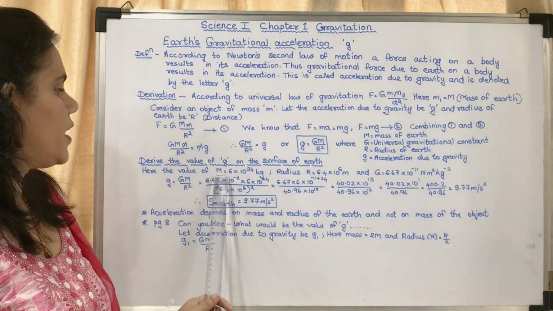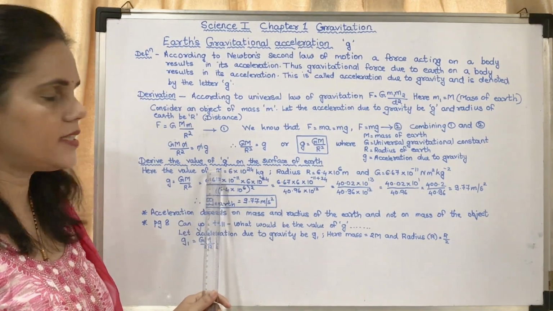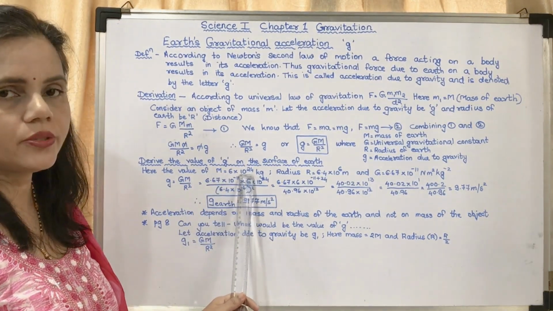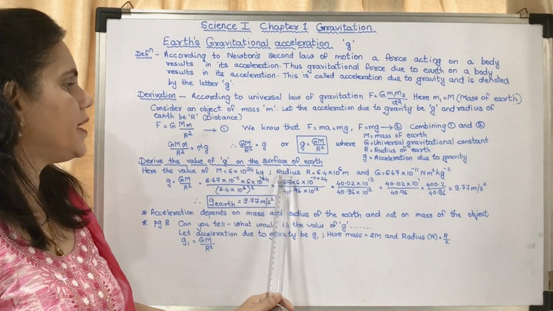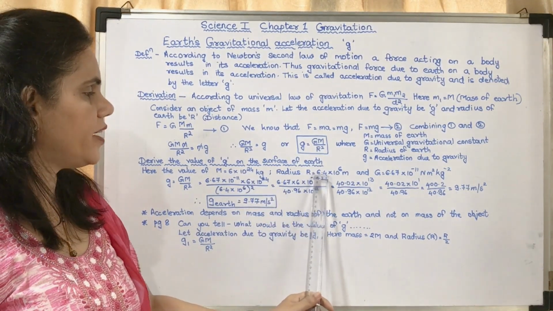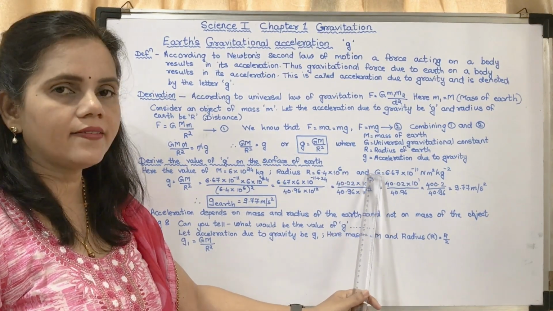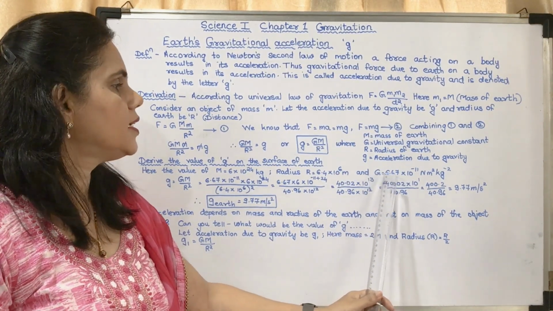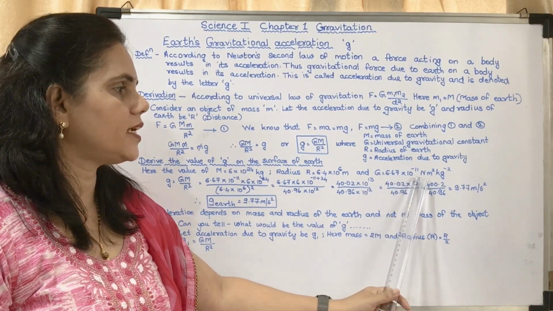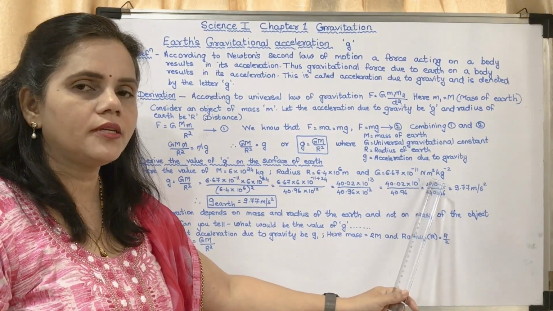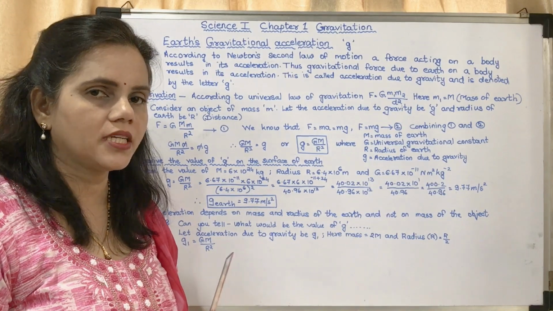Here the value of M, we know that the mass of earth is 6 into 10 raised to 24 kg. Radius of earth is 6.4 into 10 raised to 6 meter. And universal gravitational constant G is 6.67 into 10 raised to minus 11 Newton meter square kg raised to minus 2.